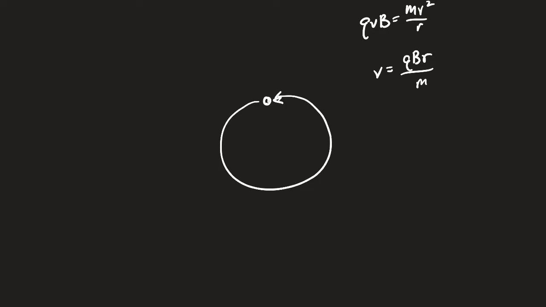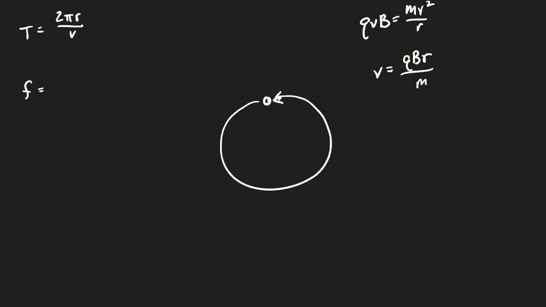Now, at the same time, the terms period and frequency. Period is how long it takes to make one trip. That's 2 pi r divided by v. And frequency might be a newer word. You would have learned it last year, but in case that eludes you, frequency is the rate of oscillation.